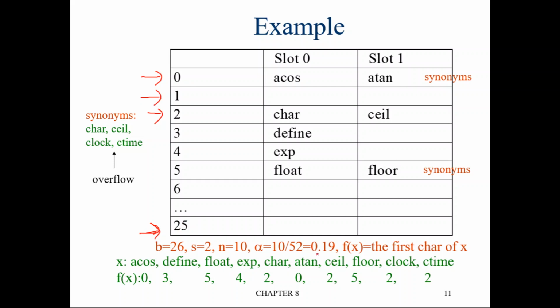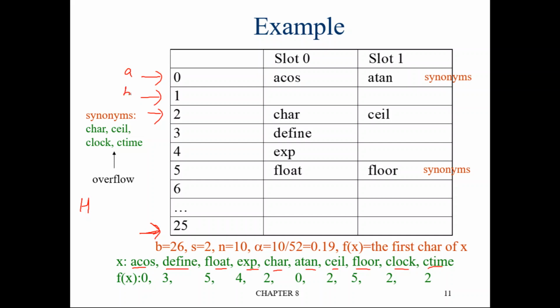Now these are the functions which you want to map into the hash table. So how do we map? The mapping function, the hash function, is given like this: take the first character. If the first character is A, map to the 0th location.